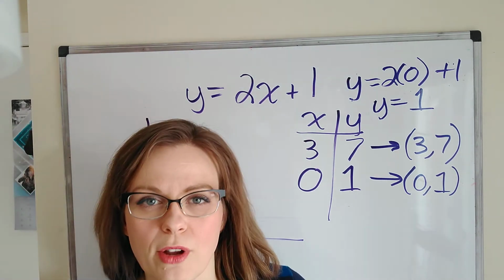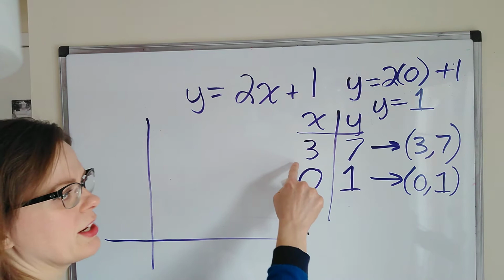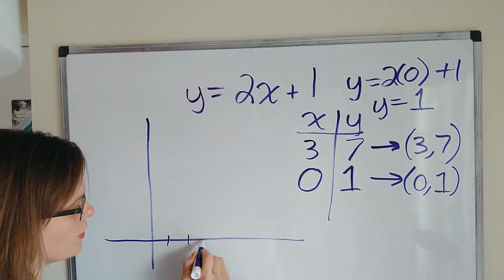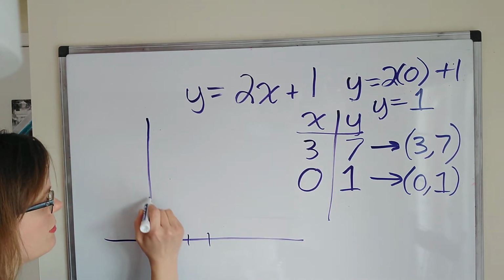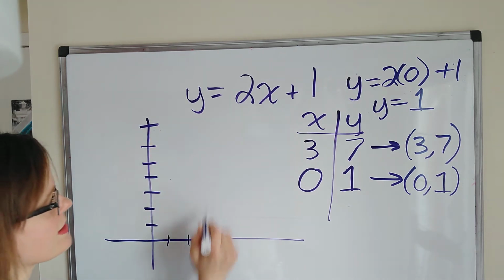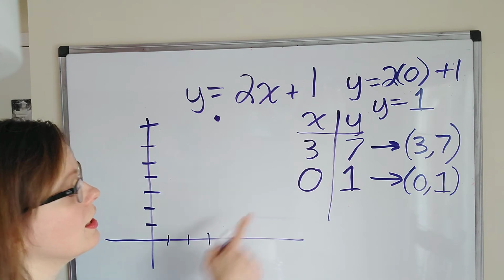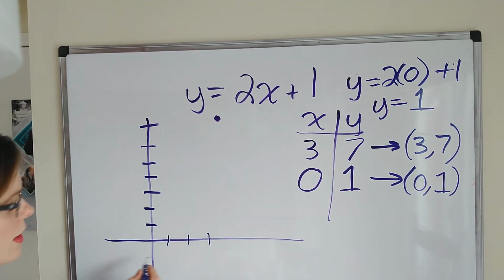Let's graph these 2 points and see what this line looks like. Okay, first I want to graph the point 3, 7. So I'm going to walk over 3 on the x-axis and walk up 7 on the y-axis. So that point's going to be right about there. Now I better graph the second point, 0, 1.